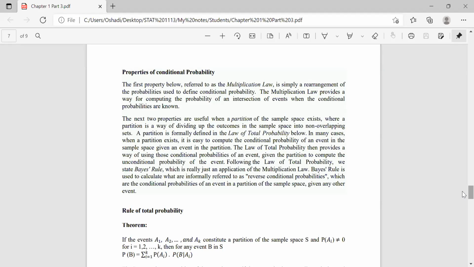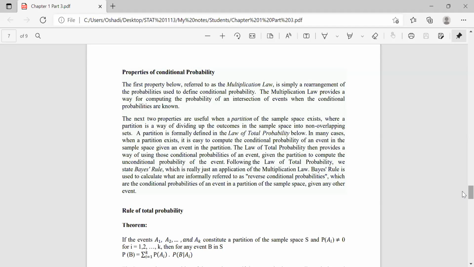The basic thing you have to remember is that in the rule of total probability as well as in the Bayes theorem, the sample space has been partitioned into several groups, and another event has occurred, and conditional probabilities are given.